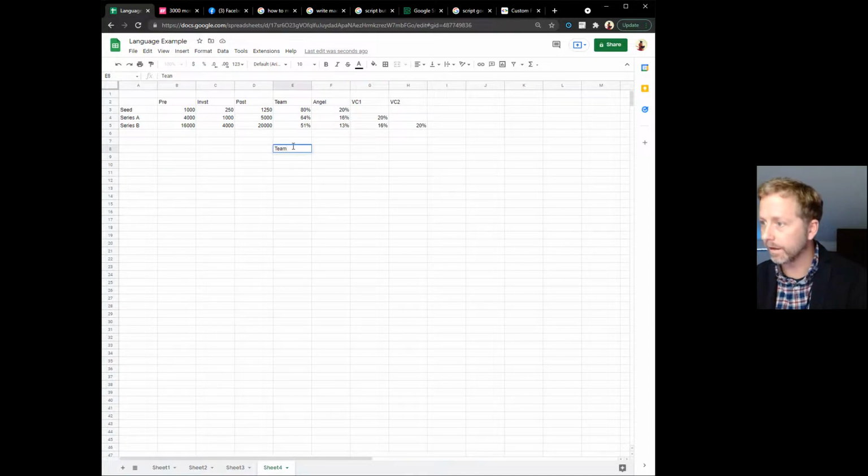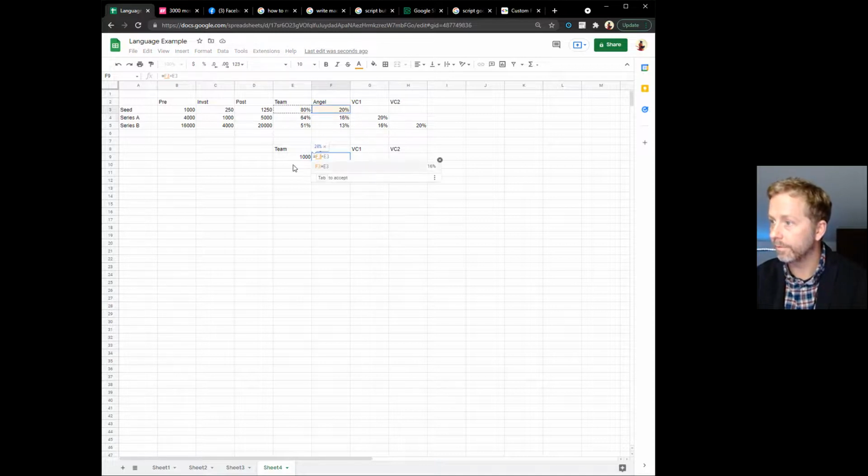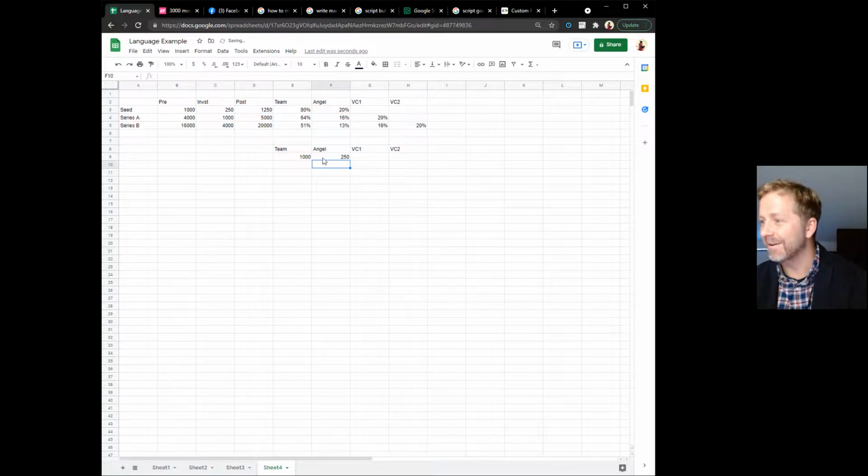So we got a team here, and first the team had 80% ownership of how much? 1.25, and the angel had 20% ownership of how much? Right. All right, and that pretty much makes sense, right? So we still have our 1,000 ownership, and now they have 250,000 ownership. That's just how the math works.